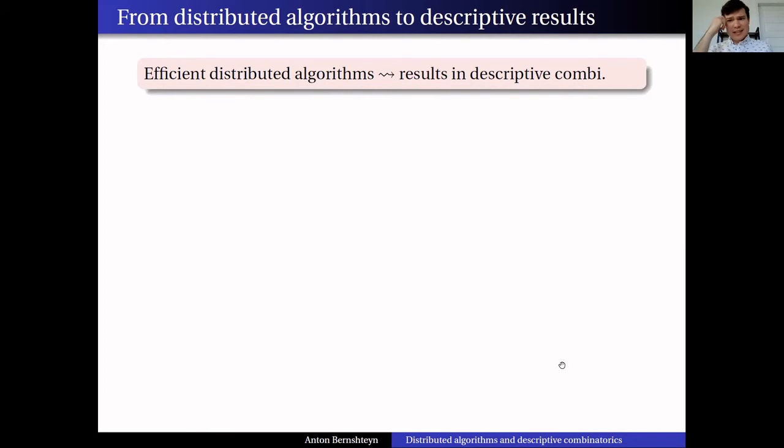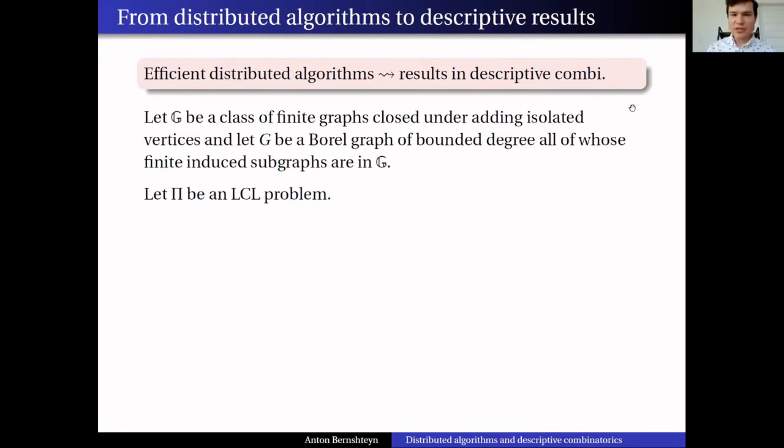So one setting in which this is true is that we know that in a very broad range of cases, efficient distributed algorithms yield results in descriptive combinatorics. So if you want to go from distributed computing to descriptive combinatorics, this is pretty much always possible. So let me describe the setup a bit more precisely.